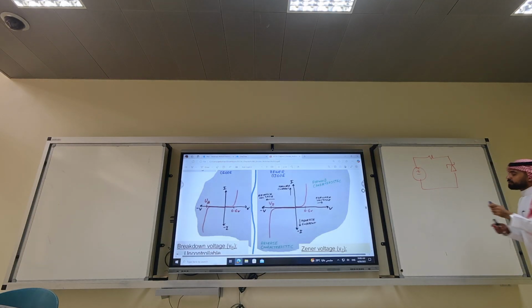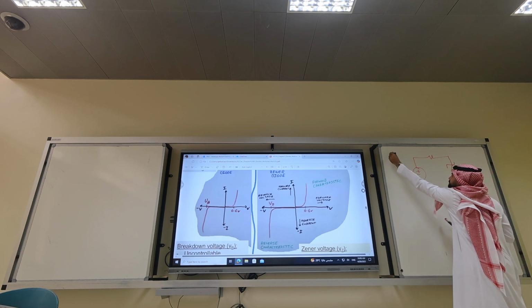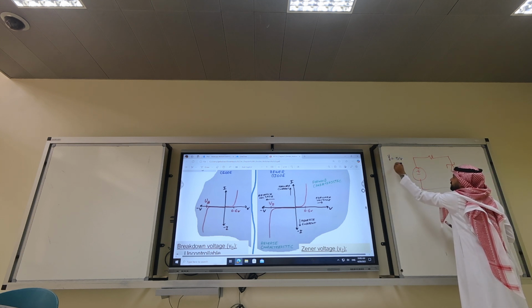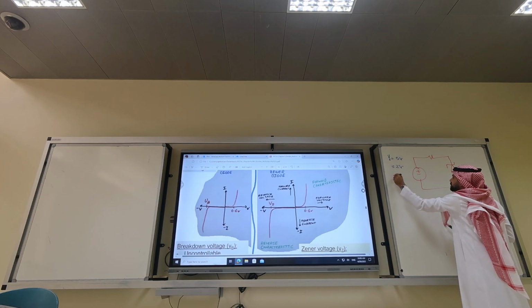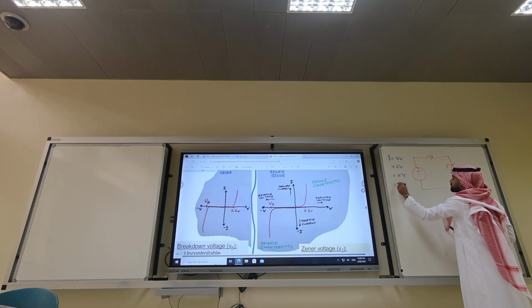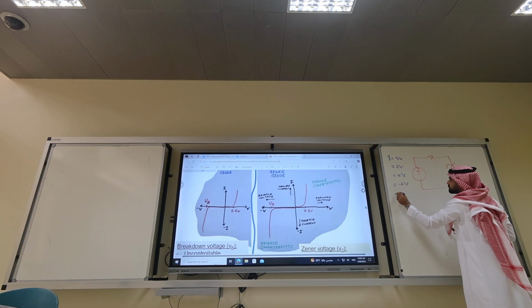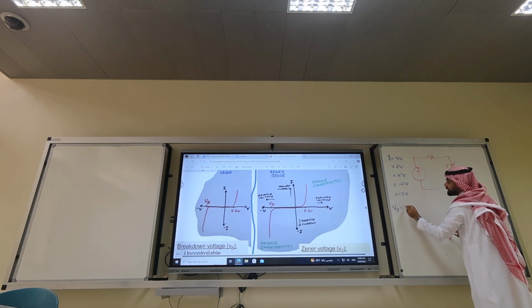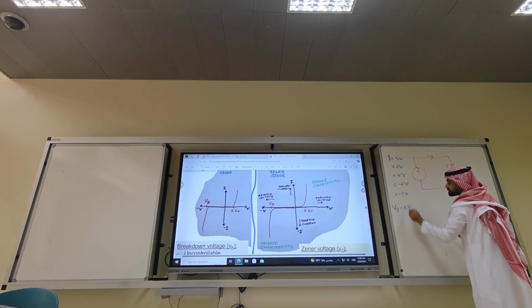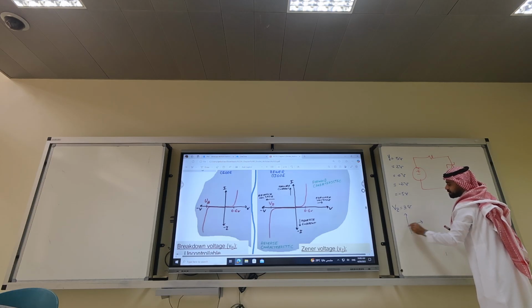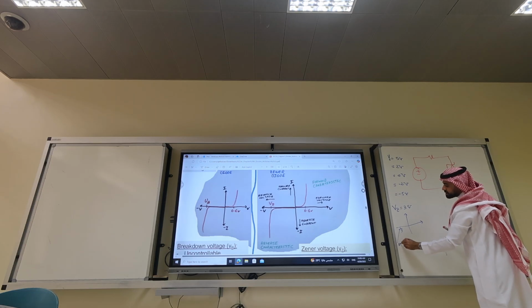So again, if you apply a voltage of 5 volts, 2 volts, 0 volts, minus 2 volts, minus 5 volts, and VZ is, let's say it is 3 volts. In other words, at minus 3, we're at reverse breakdown.